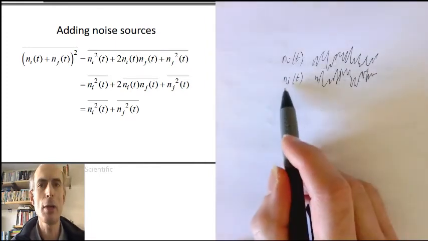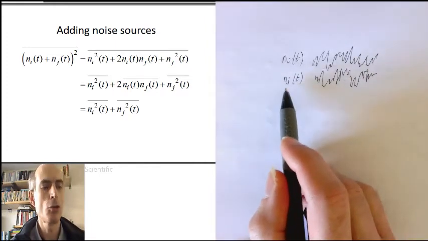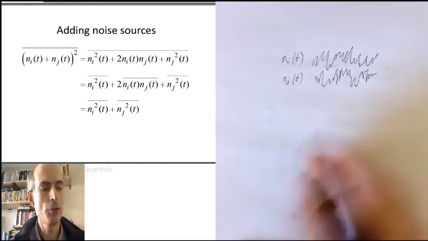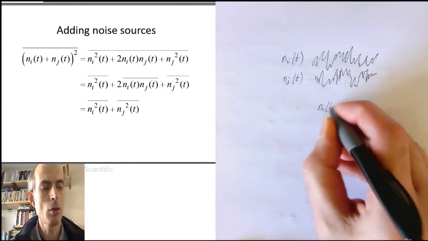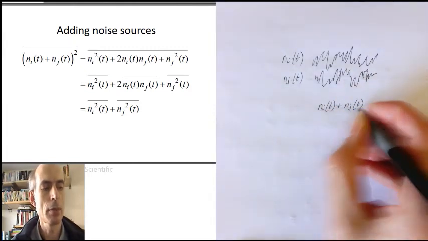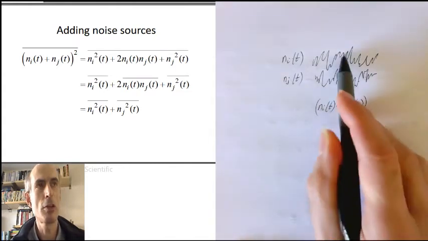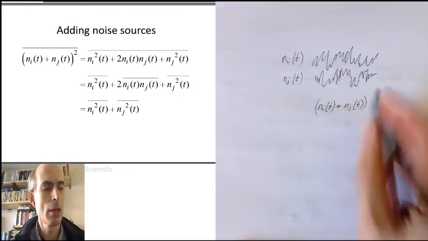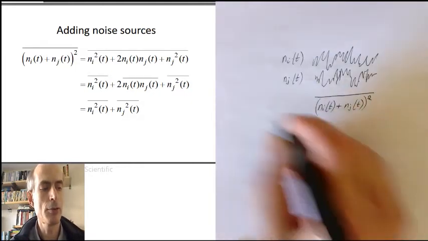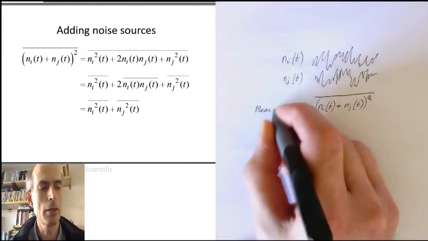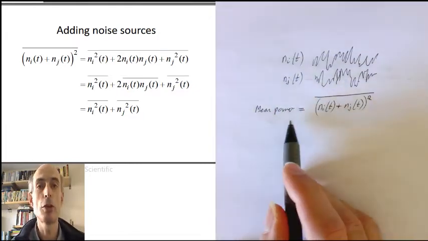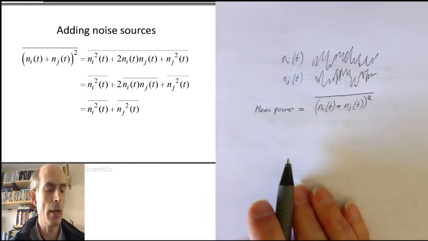If I want to know the average power in the noise signal which is the sum of these two, then what I'm interested in is Ni of t plus Nj of t, that's the actual sum of these two waveforms, squared, and what's the average value of that? And that will be the mean power in my noise. The mean voltage in the noise is just the square root of the mean power.